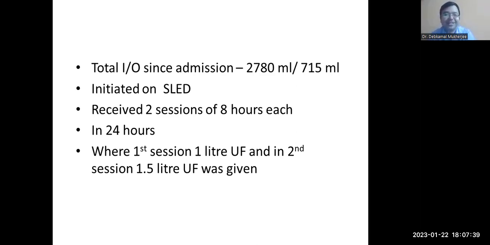CRRT is not available. So we decided to give 2 sessions of SLED to this patient. In the first 24 hours, we did a UF of 1 liter in the first session of 8 hours. And in the next session, we gave an ultrafiltrate of 1.5 liters to this patient. We tried to achieve at least a negative balance for this patient at that point of time to improve his hypoxia.